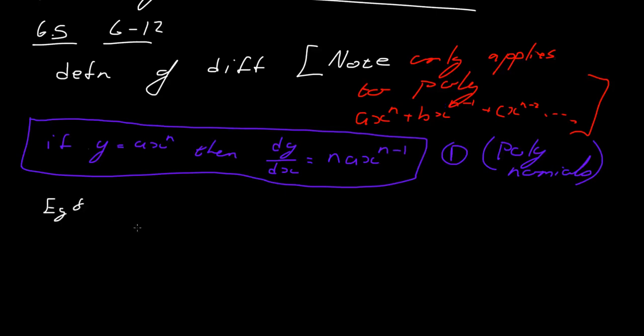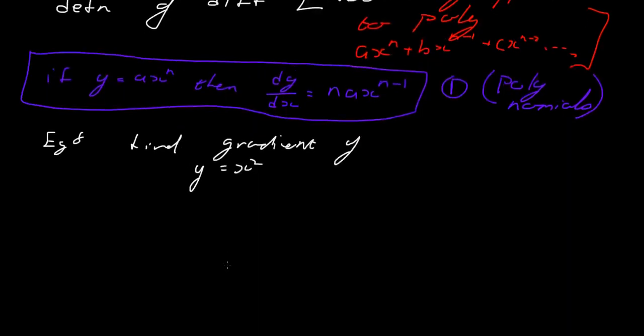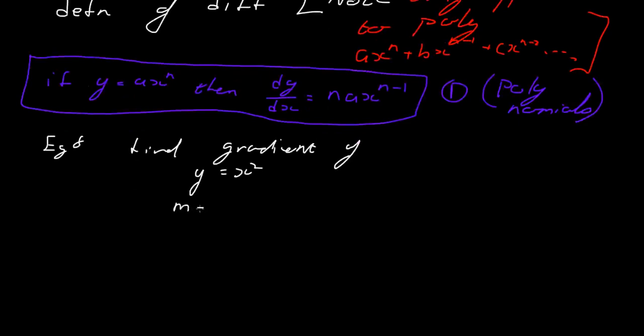They say find the gradient of y equals x squared, and remember, the derivative is the gradient. So the gradient equals dy by dx.